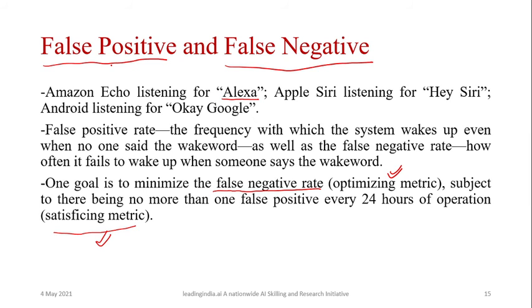But on a supercomputer, you are not worried about power; you are more worried about accuracy. So based on the application, one will be the satisfying metric and one will be the optimizing metric. Whenever you make your application, before beginning to make the model, you have to think about which is your satisfying metric and which is your optimizing metric.